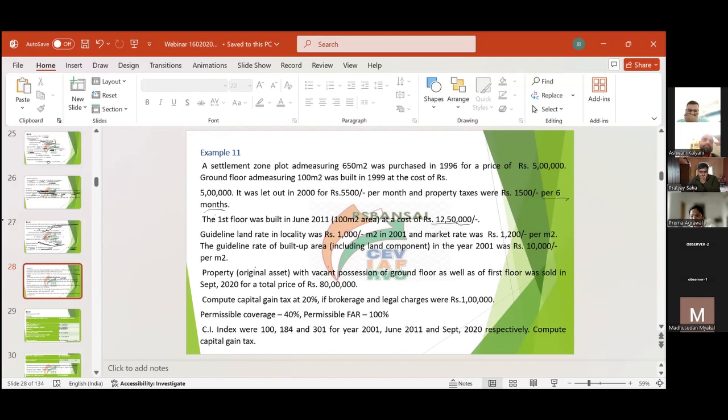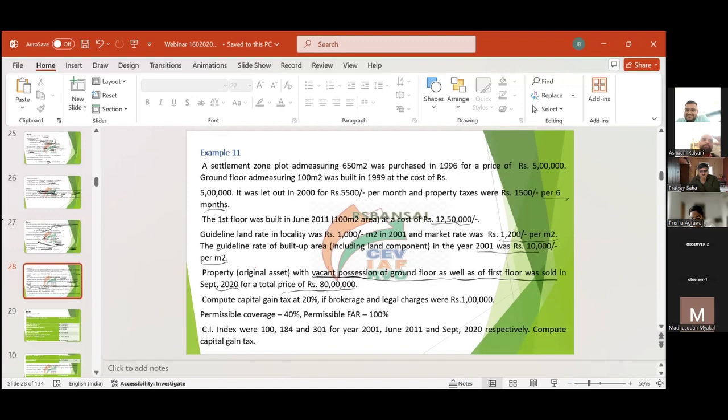The guideline rate in the locality was 1,000 per square meter in 2001, and market rate was 1,200 per square meter. The guideline rate of built up area in the year 2001 was 10,000 per square meter. The property, with vacant possession of ground floor as well as first floor, was sold in September 2020 for a total price of 80 lakh.